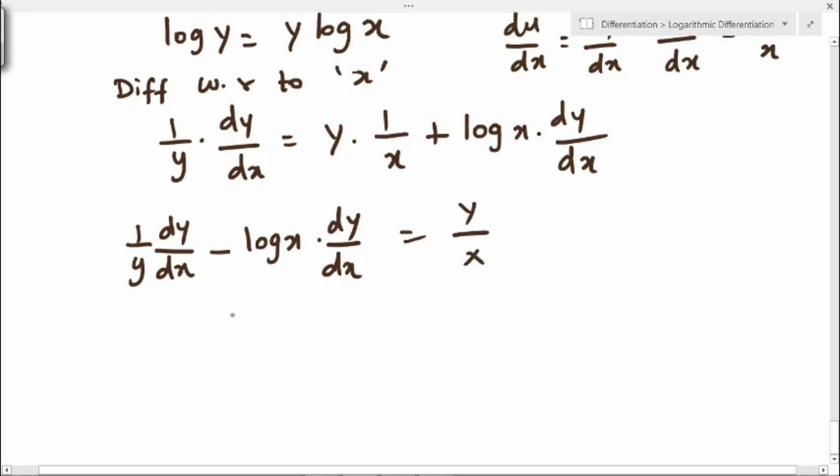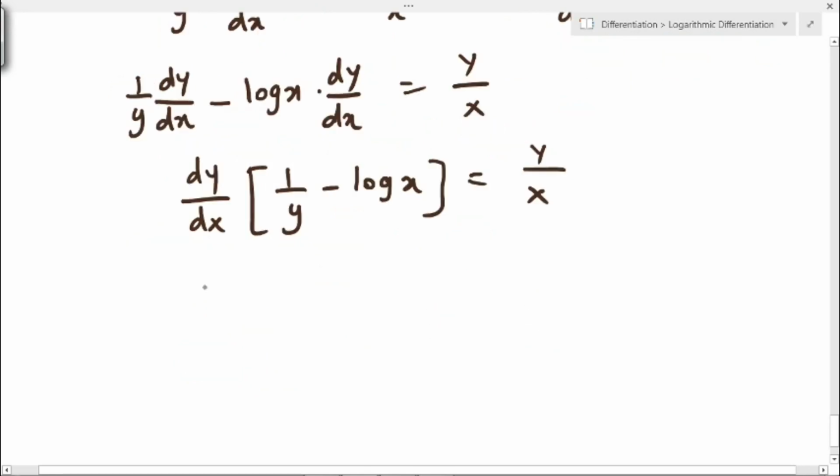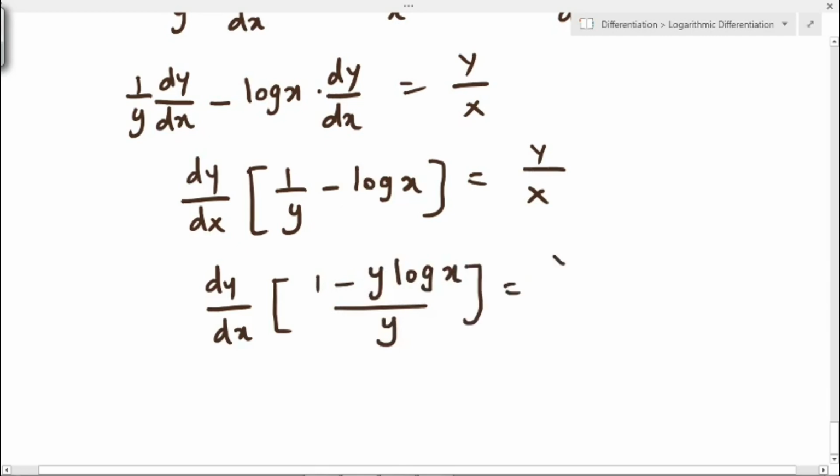So first we have to take dy by dx common. In the first term we have 1 by y minus second term we have log x equal to y by x. So this is dy by dx into, multiply this y, so this will become 1 minus y into log x divided by y equal to y by x.